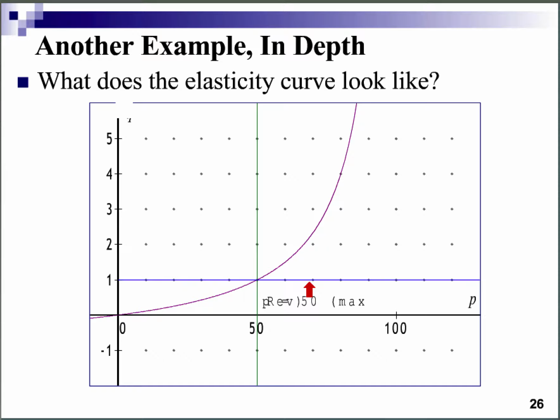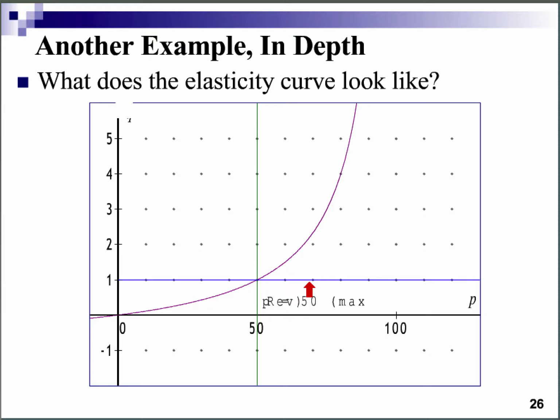On the other hand, all of the prices to the right of that vertical line through 50, all of those elasticity values on the E curve are above 1. They're above that flat line that goes through 1. So if they're all values that are greater than 1, then those are what we call the elastic price points.